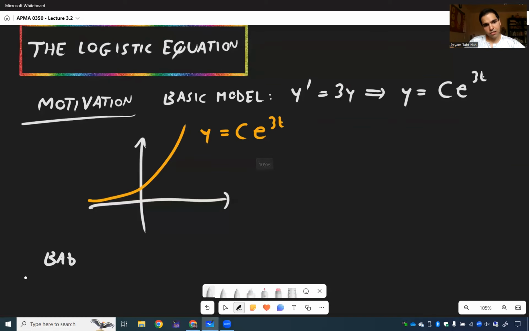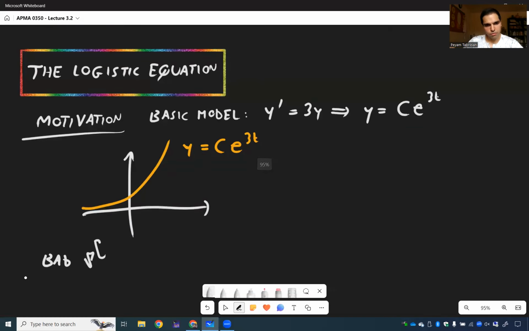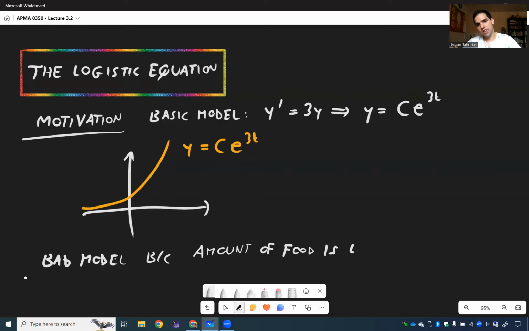It's a bad model, because food is limited.